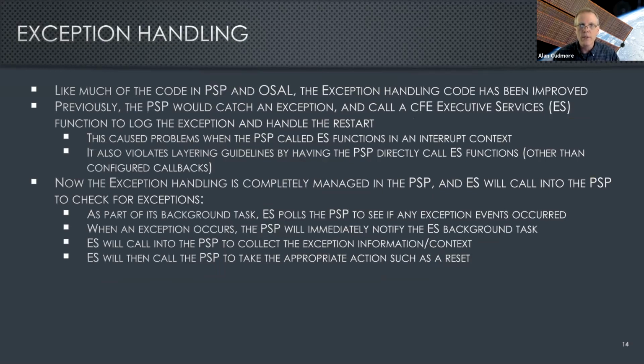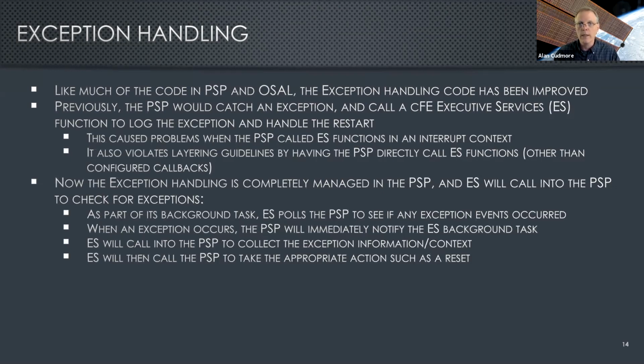So moving right along here, I want to provide a very quick overview of how exception processing happens in the platform layer. And there's a couple of differences here. Much like the code in the PSP and OSAL, the exception handling has been improved. Previously, the PSP would catch an exception and call a CFE executive services function to log that exception and handle the restart. This could cause problems when the PSP called an ES function from an interrupt context.